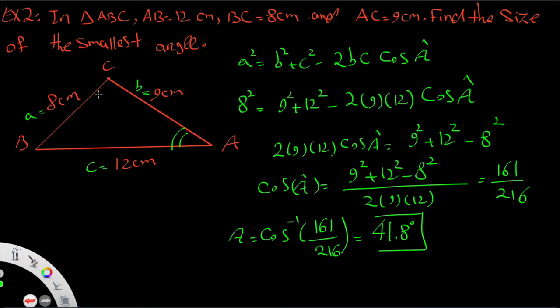So if you have one complete pair including one side and opposite angle, definitely you can implement sine rule. In other cases, you don't have any other option other than cosine rule.